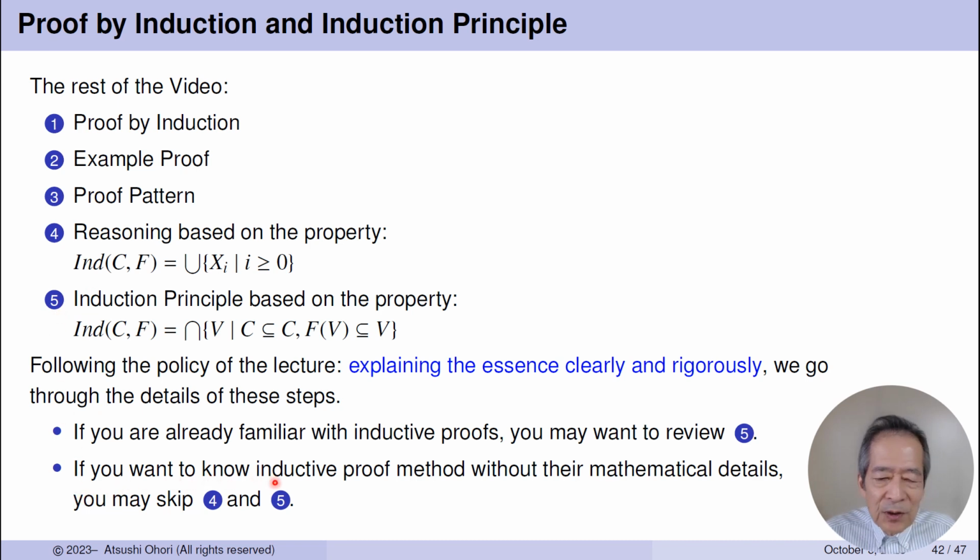And if you want to know the inductive proof method only, without the mathematical details, the mathematical basis, you may skip 4 or 5 and go through 1 through 3. In particular, this proof pattern should be useful in the rest of this lecture and also in any formal reasoning about various properties of languages.